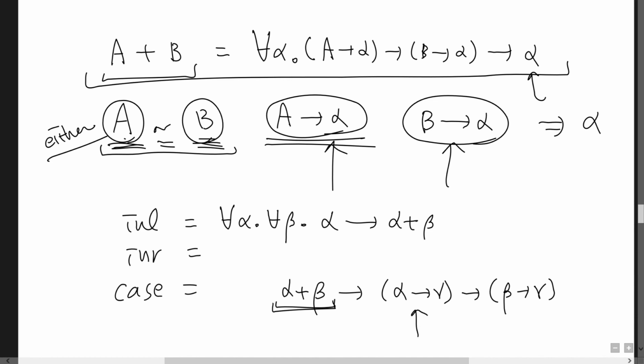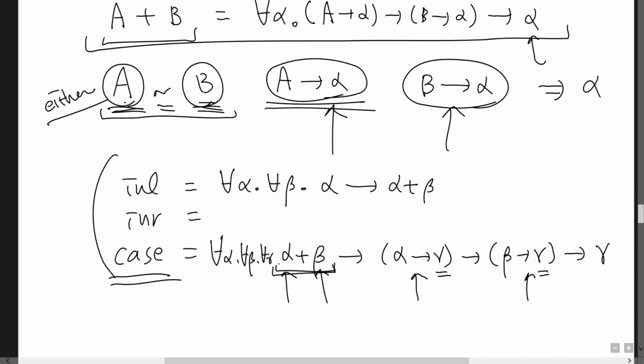And if these two functions have the same return type, then whichever is the case, you can always produce a value of type gamma. And finally, these type variables are not given in advance, so you have to introduce them explicitly. So this is how we encode the constructors for sum types.